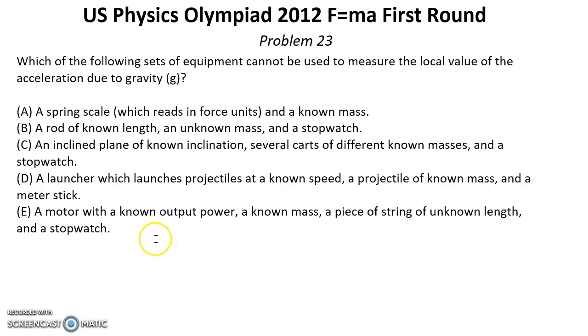And the second thing, we can use this motor as a pendulum and measure the period of oscillation, and from this period we can find g over L. So from the first experiment we can find g multiplied by L, and from the second experiment g divided by L. From here we can find g and also L. So E is not the correct answer, and we have only one correct answer, C.